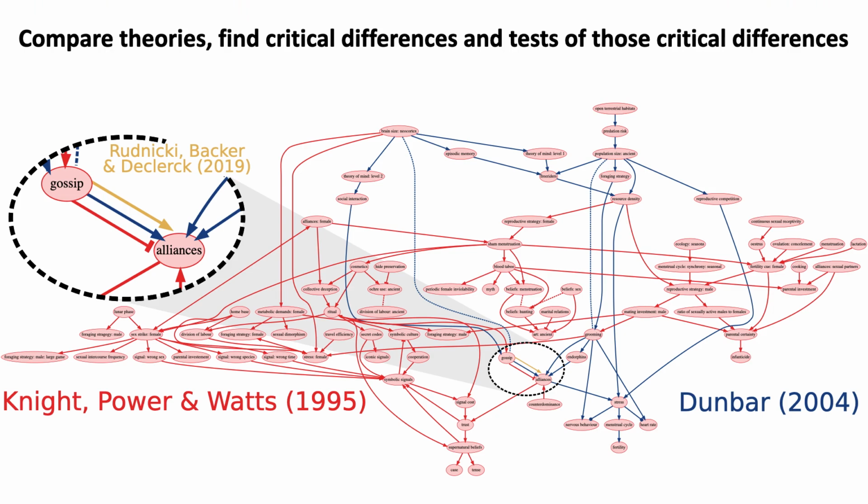So the idea is that you can do quite complicated things, like take two quite large hypotheses about the relationship between various things and identify the critical causal link where they disagree. And from that, you can try and see whether anyone has tested this causal link in independent tests and try and resolve the debate between two theories.